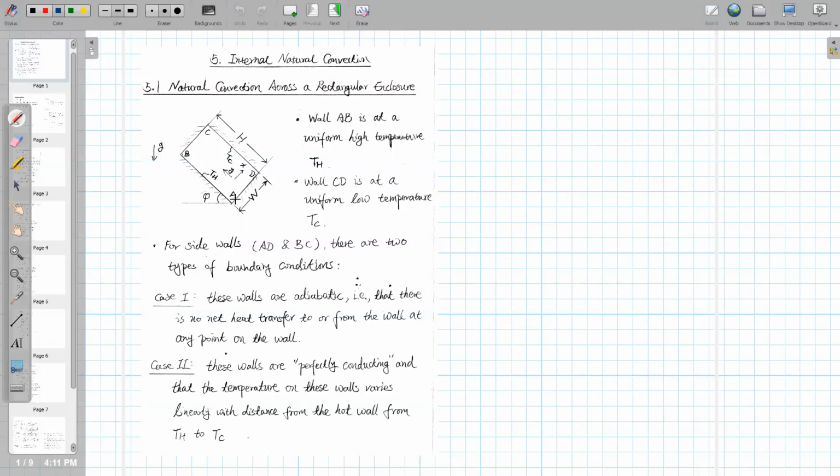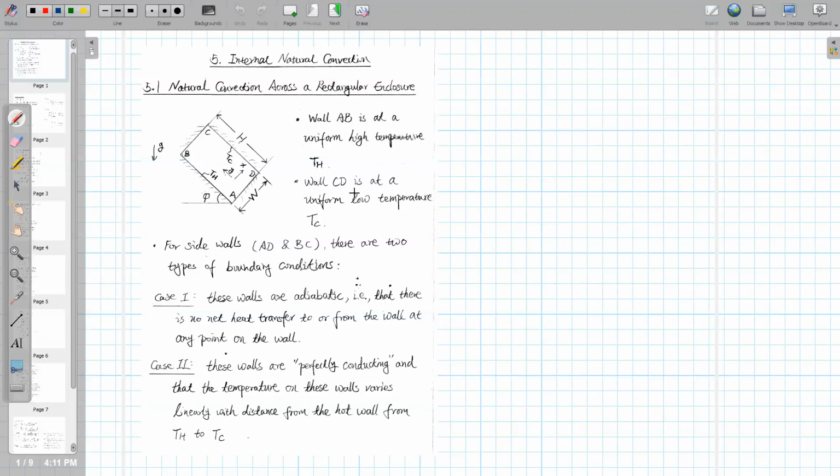The temperature changes linearly from point A, which is TH, to point D, which is TC. So this is the second possible boundary condition for these 2 side walls.